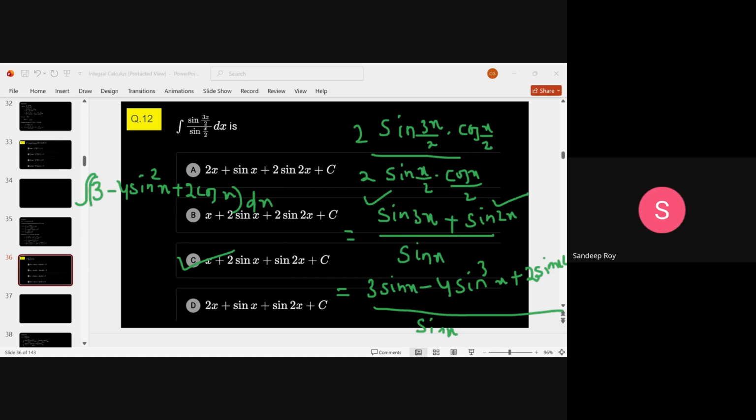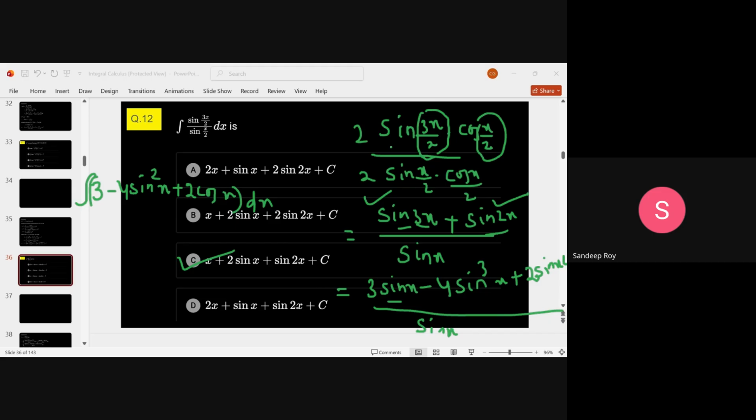No, before that I applied the sine 3x formula. How did I get this? I applied the 2 sine A cos B formula, which is sine A plus B plus sine A minus B. Here A is 3x by 2 and B is x by 2. I just added sine A plus B plus sine A minus B.